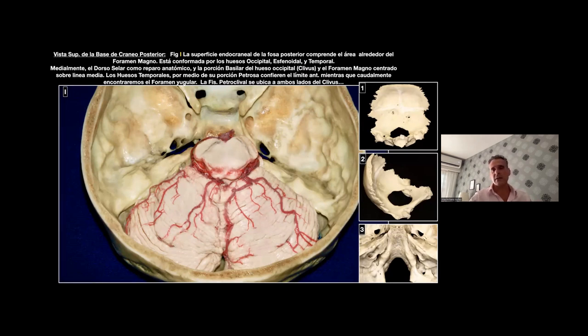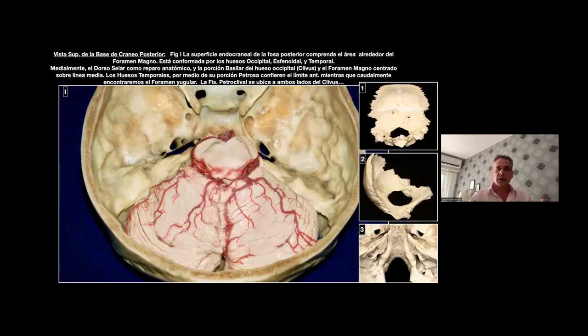In the right side, we can see the different structures like occipital bone in the frontal view, the occipital bone in the lateral view, and even in the last picture, we can see the foramen magnum, the clivus, petroclival fissure, internal acoustic meatus, and, for example, in the lower part, the jugular foramen.